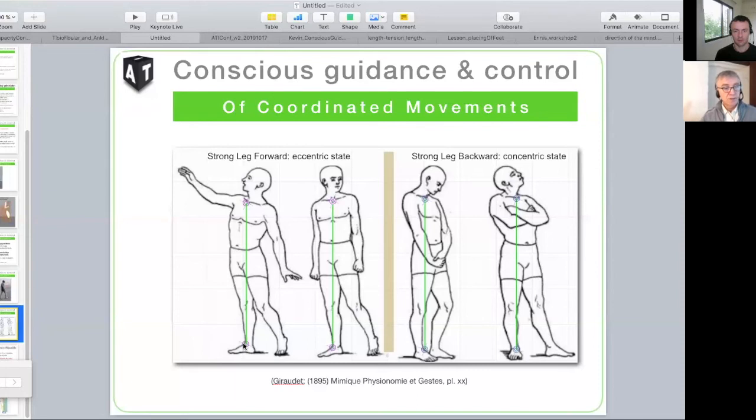So we come to this idea of three different coordination, re-education. You cannot trust your feeling in order to appear on stage like this and appear natural. And last, adjustment. How do you adjust the speed of the different parts in an activity? That is the real basis of conscious guidance and control.